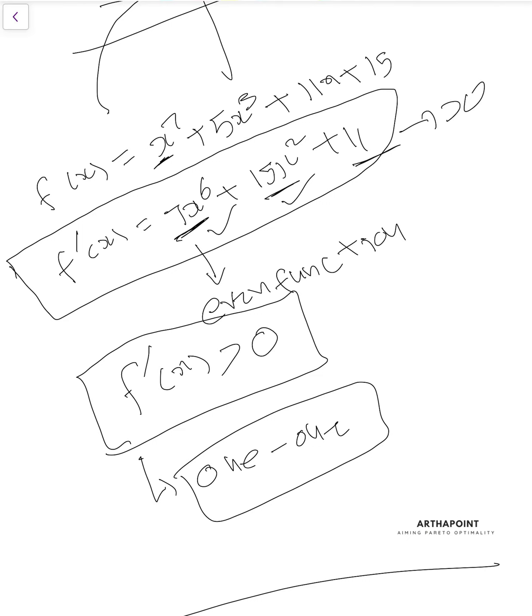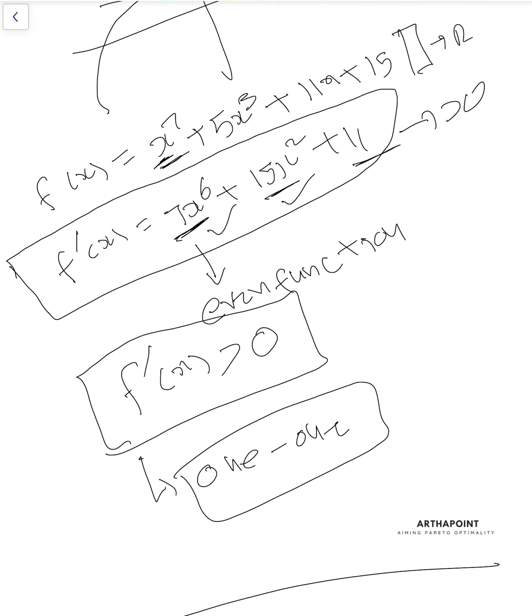Now come back to the function. f(x) is equal to x raised to the power 7 plus 5x cube plus 11x plus 15. The range of this function will definitely be real. When you take the negative value, it goes down to minus infinity, and for the positive x, it will extend up to positive infinity.